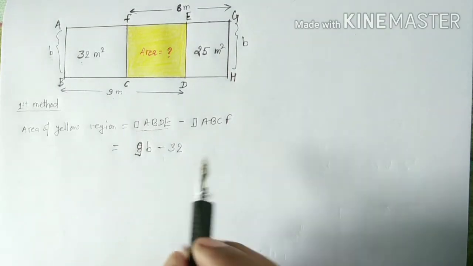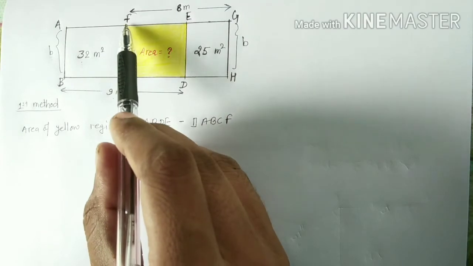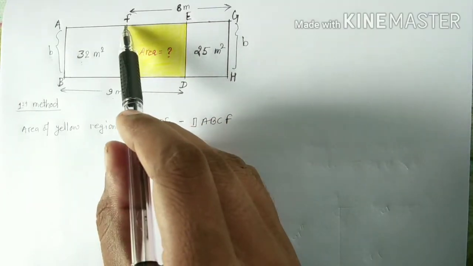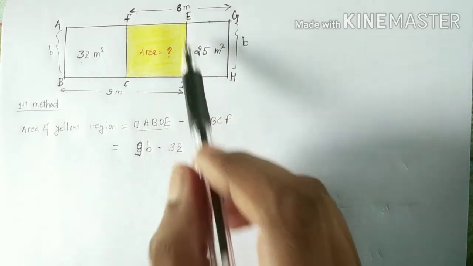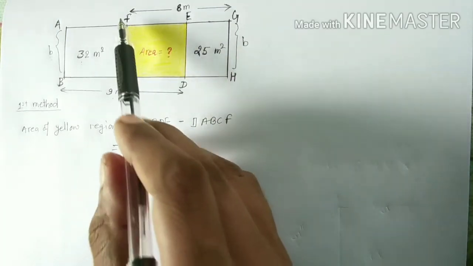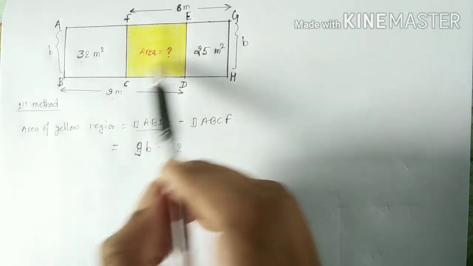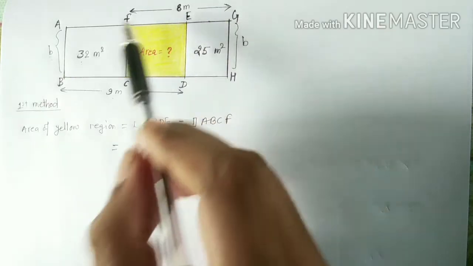Now from the right side, if we try to find the area of yellow region, then we can find it by subtracting the area of rectangle DEGH from the rectangle CFGH. Means we can find the area of yellow region by subtracting this rectangle from this whole rectangle.